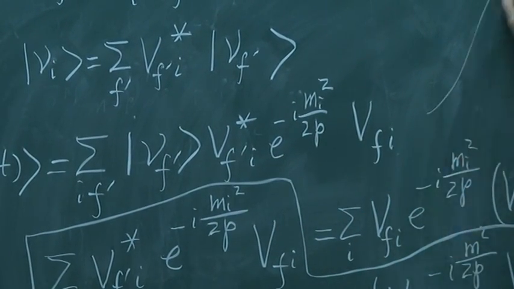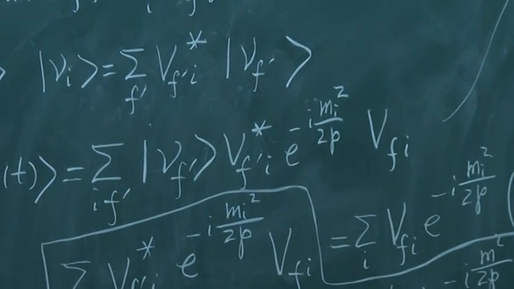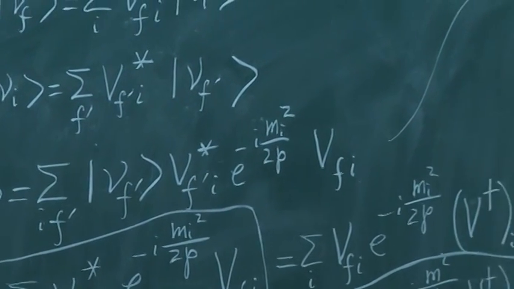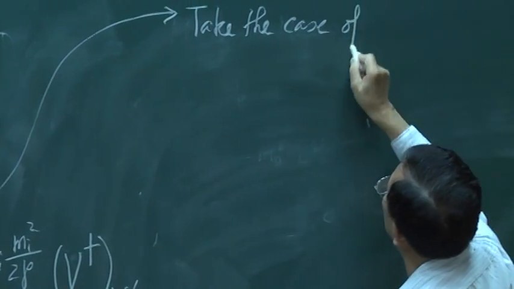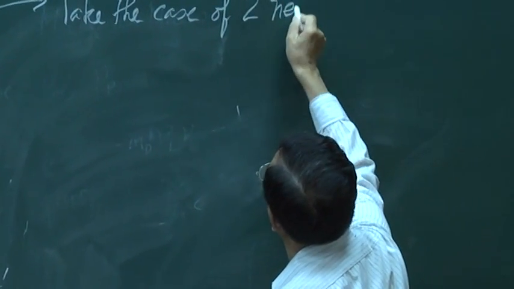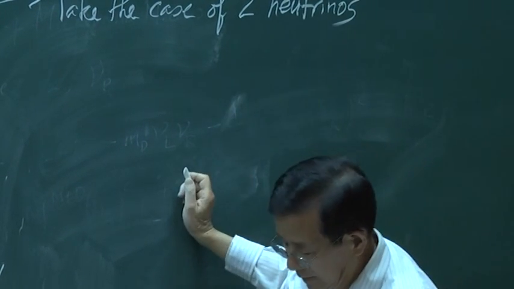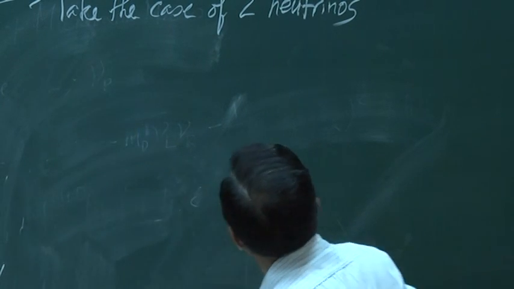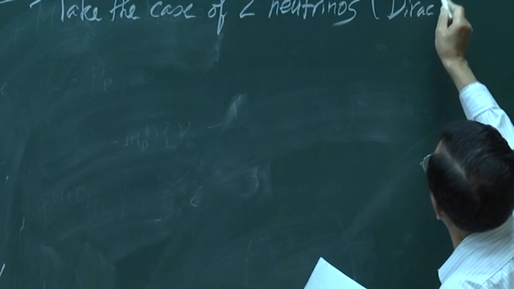So start from here. The general case is the same, but to be more explicit, let me just take a case of two neutrinos. Okay? And furthermore, I only have the Dirac masses.